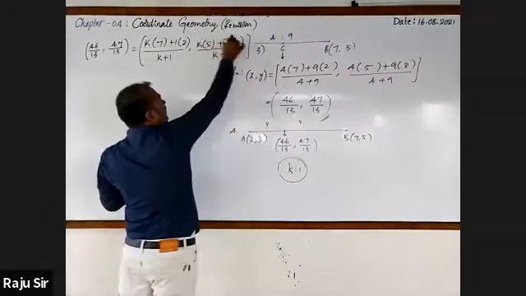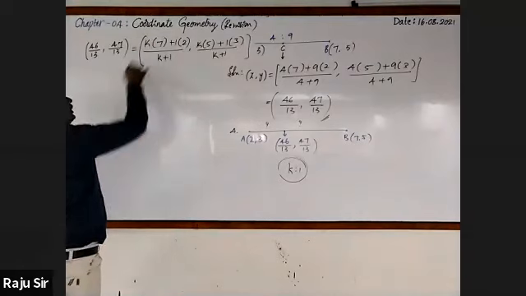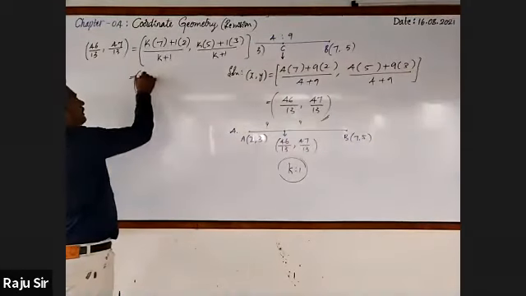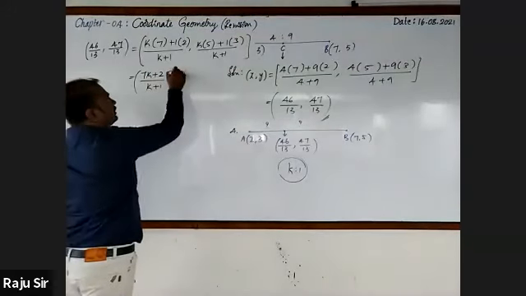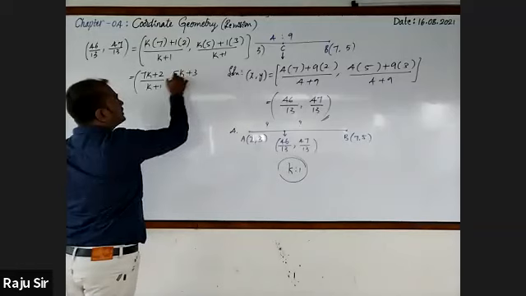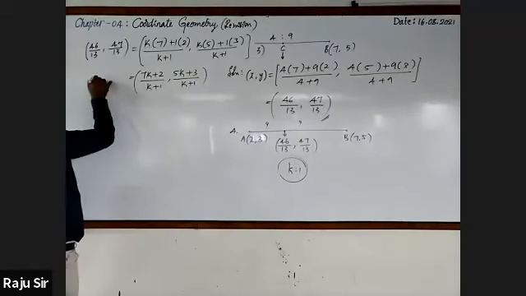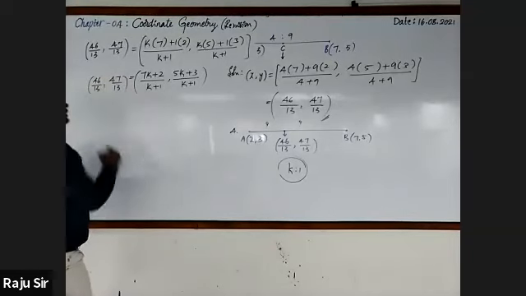This is equal to (7K plus 2) by (K plus 1), (5K plus 3) by (K plus 1), which is equal to 46 by 30, 47 by 30.